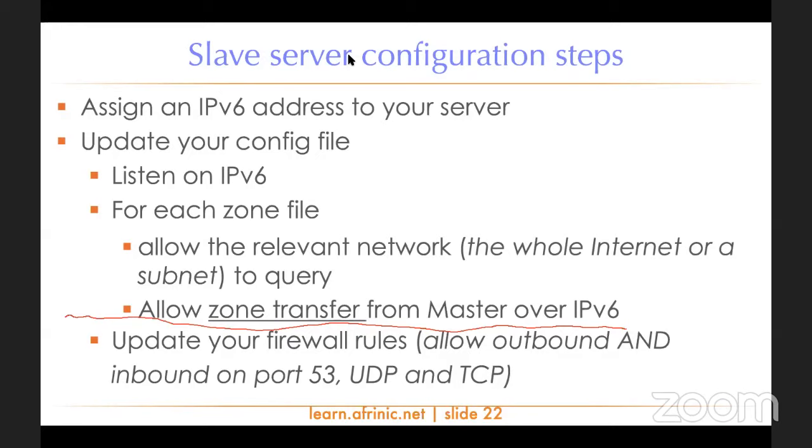Each time you modify something in your zone file, the master will send announcements of the updates over the internet to the slave servers. So you have to make sure that your slave has a configuration which enables you to receive these updates. And again, the firewall rules will be the same.